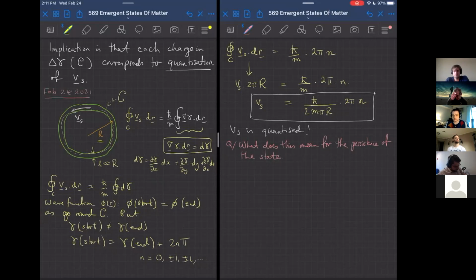So let's ask what this means for the persistence of the state. My claim is the following. What we did was we considered that this was a BEC, or if you like, off-diagonal long-range order, into a particular wave function.